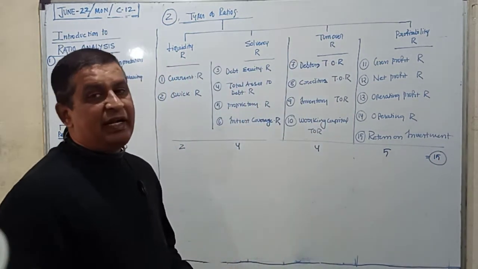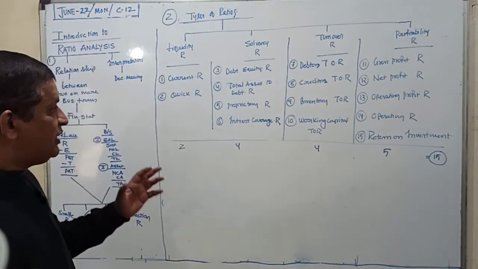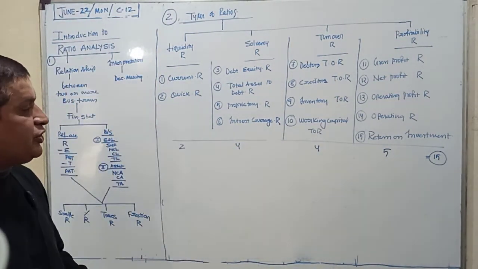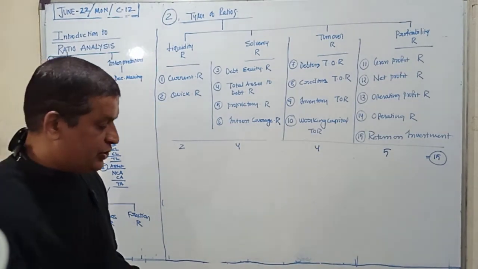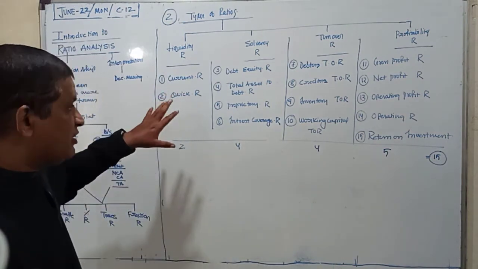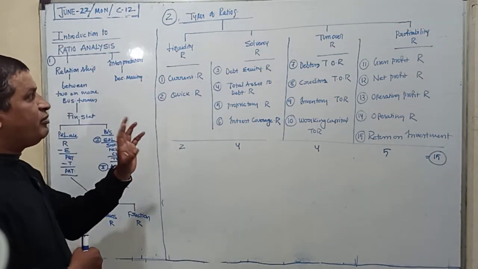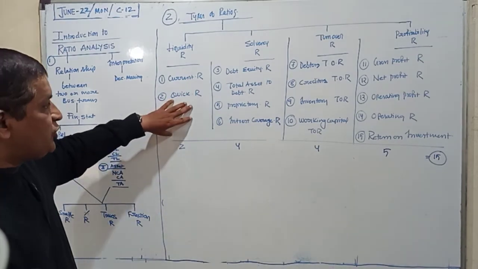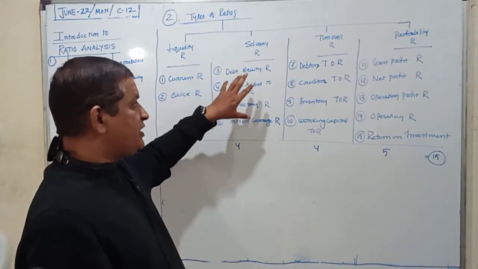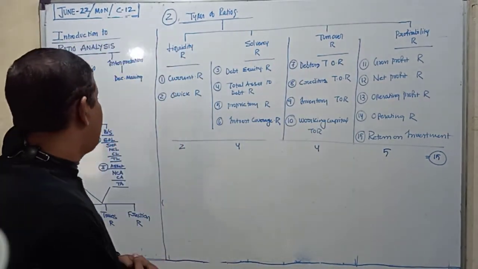So we have around 90 problems, and with these 90 problems we'll try to understand the application of all these 15 types of ratios. So that's the scope of the syllabus, and when we go to the problems, we'll go topic by topic. First we'll see liquidity ratios, then solvency ratios, then turnover ratios, then profitability ratios accordingly.